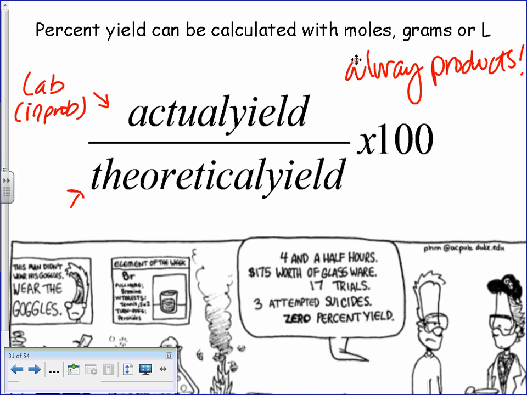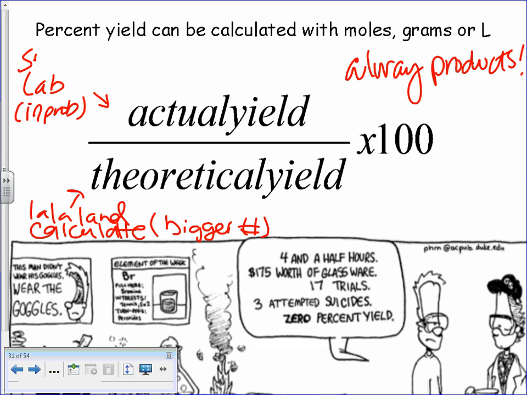So a lot of times our theoretical yield is a big number, but our actual yield is somewhat smaller. So this is usually in la-la land. It's something you will calculate on paper, because paper is la-la land, and it's usually the bigger number. So actual yield is usually the smaller number.